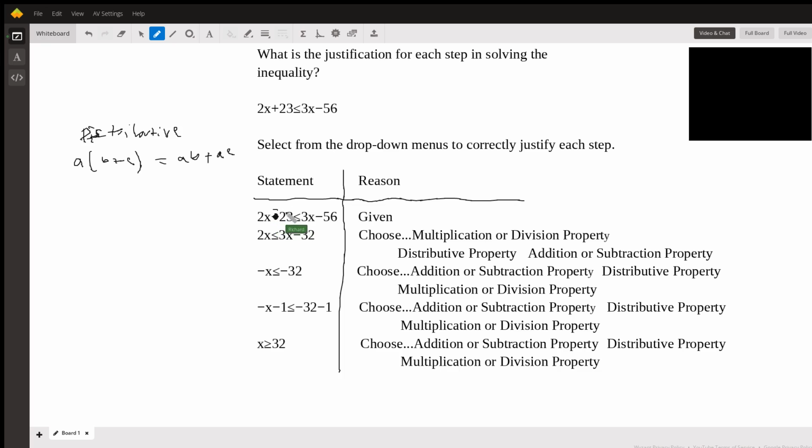So that's a mistake. Because when you get rid of the 23, you're adding 23 to both sides. So negative 56 plus 23 is going to give you negative 33. My goodness gracious, this thing is filled with mistakes.